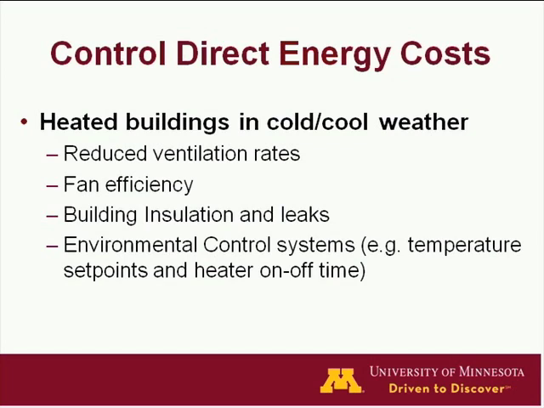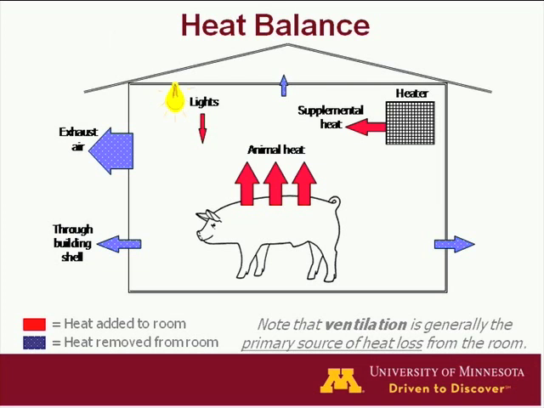Insulation plays a role, not the same role that a lot of people think as far as heat loss, but certainly important in livestock buildings. And then environmental control: controlling the ventilation and heating system, and making sure all of those work properly is very important, because if that is not controlled properly, we can waste quite a bit of energy in these systems.